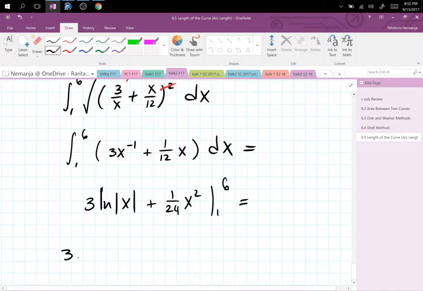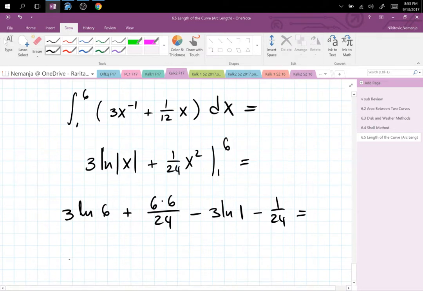So we have 3 ln 6 plus 6 times 6 over 24, because you can cancel rather than multiplying things forever. Minus 3 ln 1 plus 1 over 24.